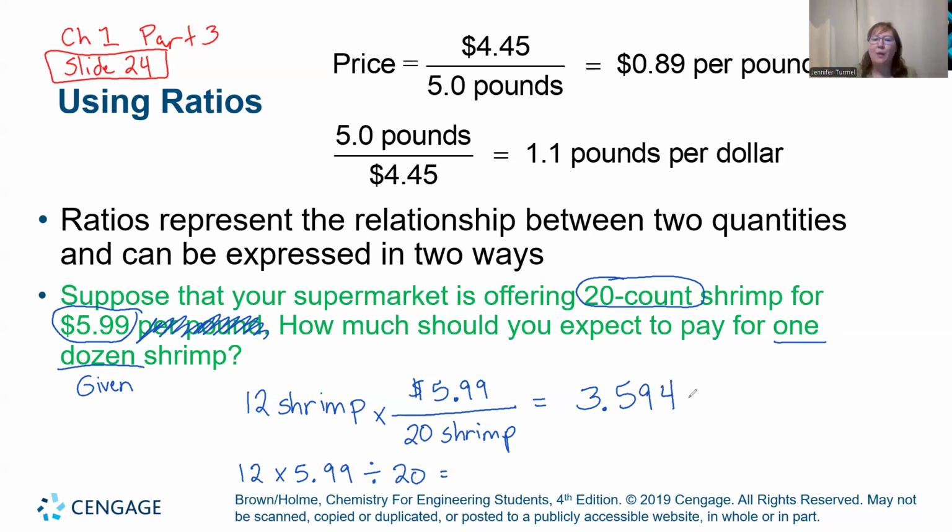But it's money, right? And money is always recorded in a specific way. We can't have that 4. The 4 rounds down because it's less than 5. So the answer we would report is $3.59. It's one way to do this ratio work. It's also called dimensional analysis.